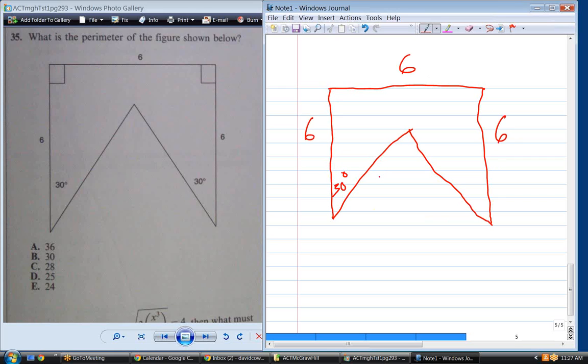To get the perimeter, we got to figure out that side and that side, right? Okay. How are we going to do that? I'm not sure. Well, how about we draw a line across the bottom? What's the length of that?